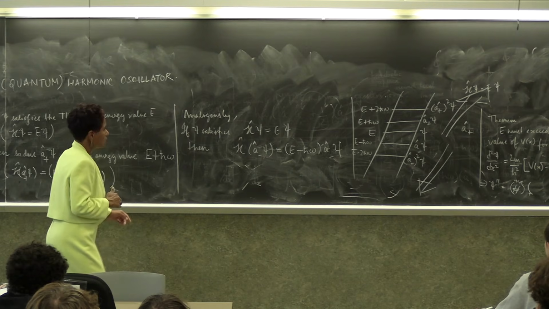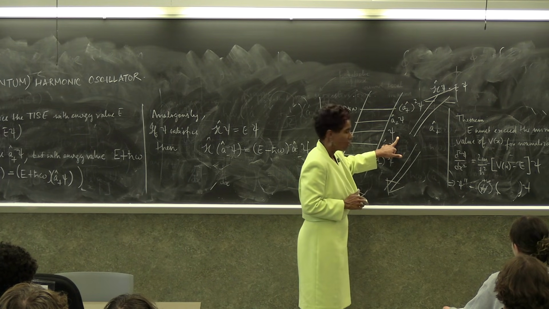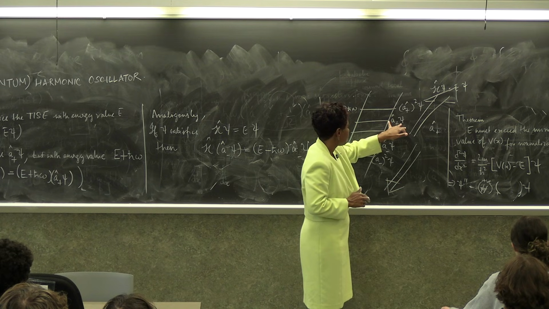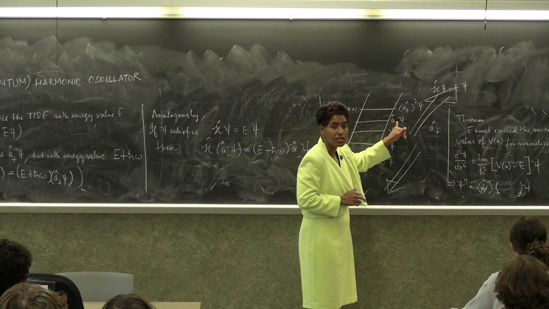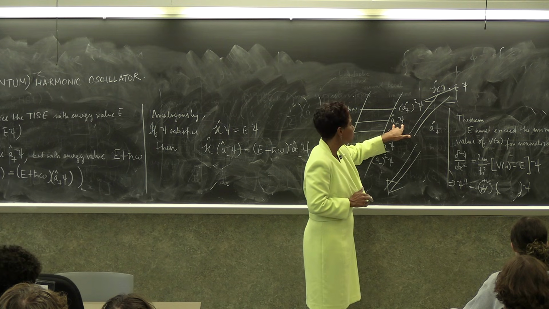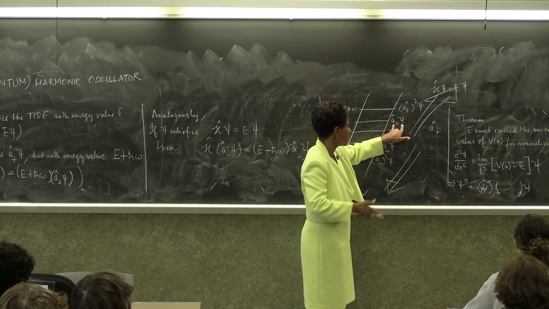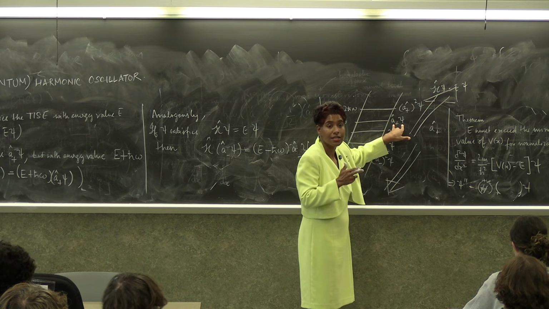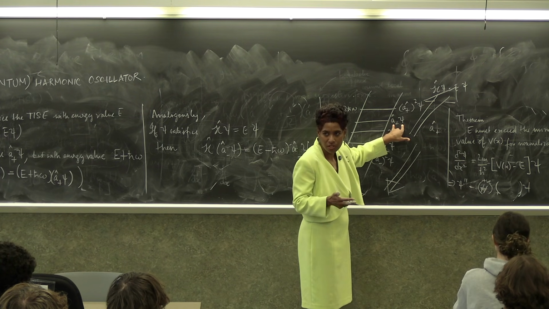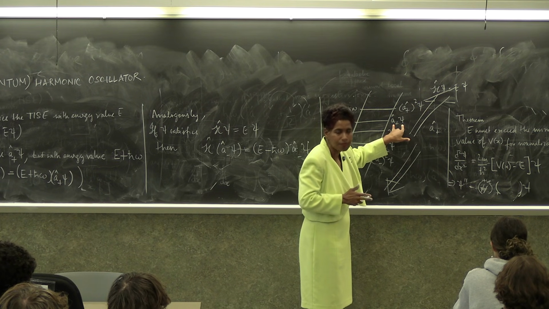You can start with a well-behaved normalizable psi, and as you apply the raising operator, the theorem doesn't guarantee that the new solution to the time-independent Schrodinger equation you've created is itself normalizable. It only says that it solves the time-independent Schrodinger equation. So normalization is not guaranteed. Are you with me?